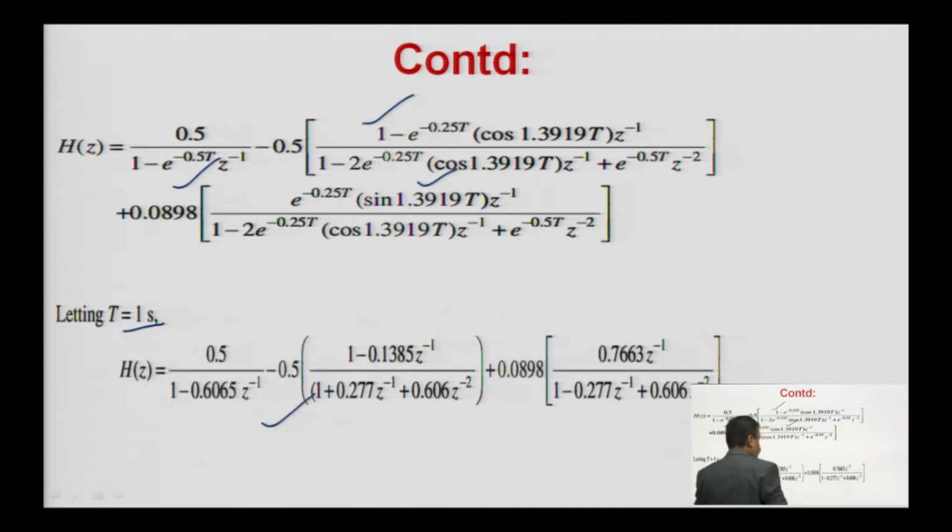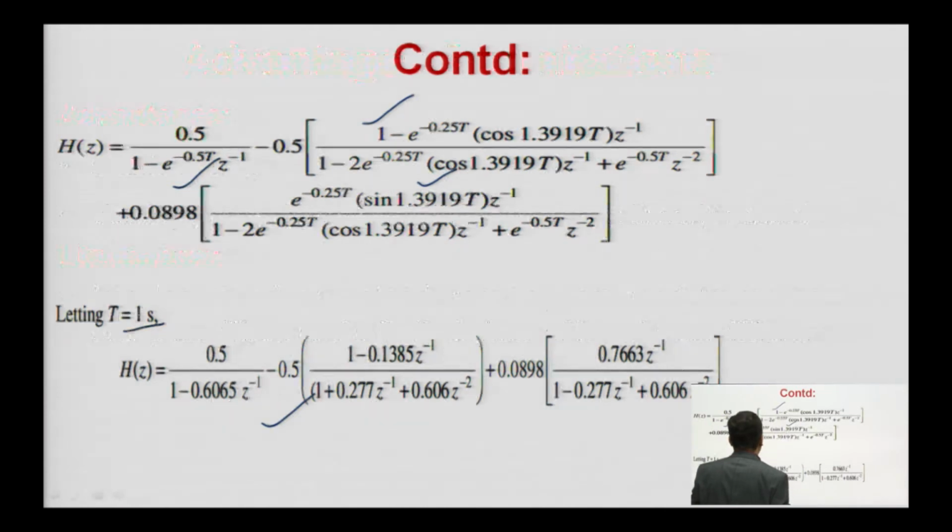This will be your final transfer function of the digital filter. Whenever the transfer function of an analog filter H(s) is given to you, you can convert it directly into its digital filter transfer function H of z.